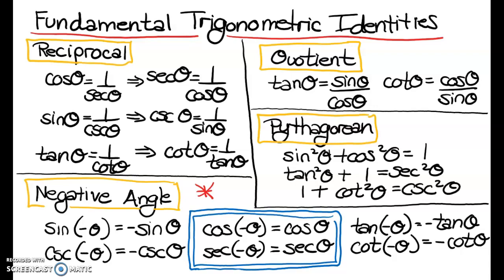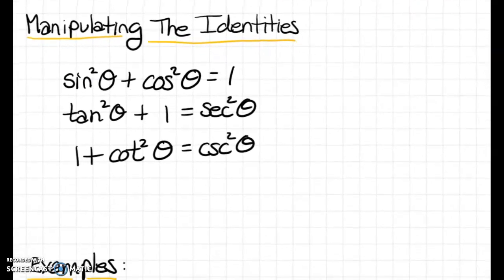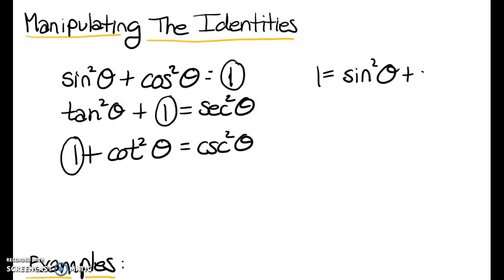But one of the things I do want to take a look at is one other type of manipulation, because sometimes this is really useful when we're doing trigonometric verification. For my Pythagorean identities, I notice that each one of them has a value of 1 in them, and if I solve for 1, I get 1 equals sine squared plus cosine squared theta.